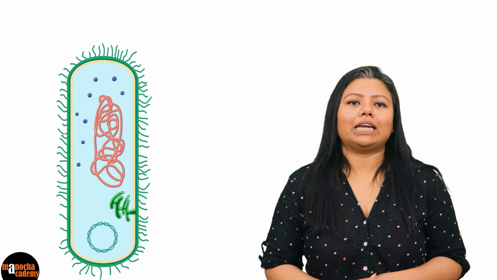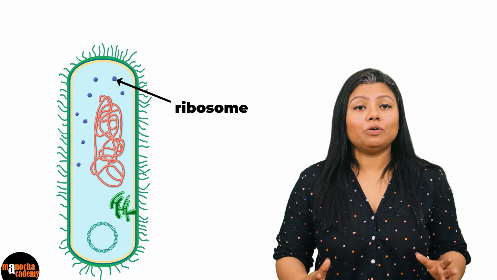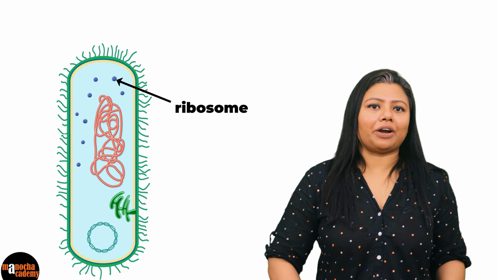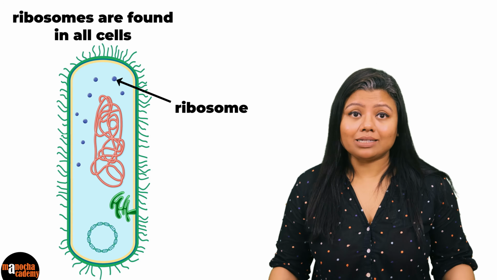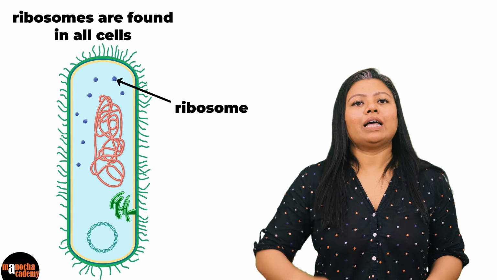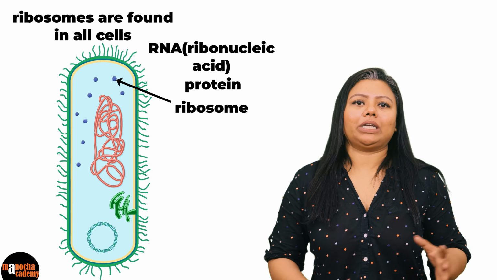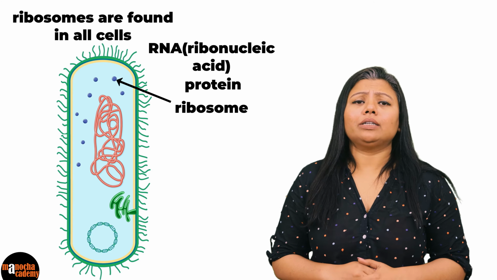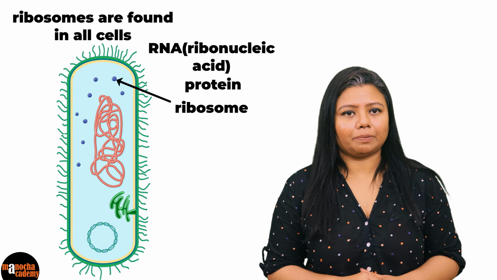The next cell organelle that we are going to talk about are the ribosomes. Now, ribosomes are those cell organelles which are present both in prokaryotic and in eukaryotic cells. They are membraneless and are made up of RNA, that is ribonucleic acid, and proteins. In case of a prokaryotic cell, the ribosomes are slightly different from those in eukaryotic cells.